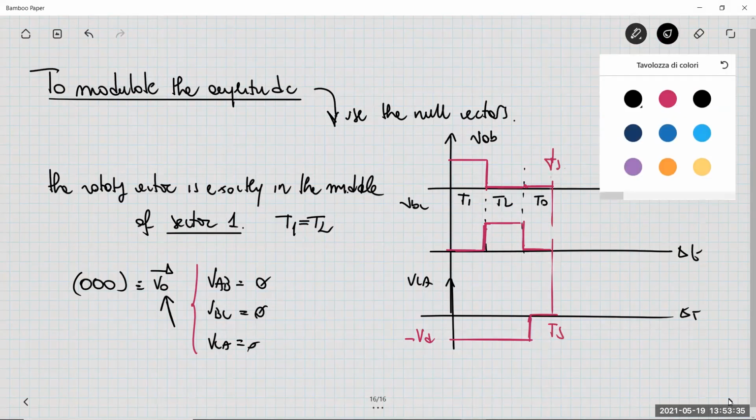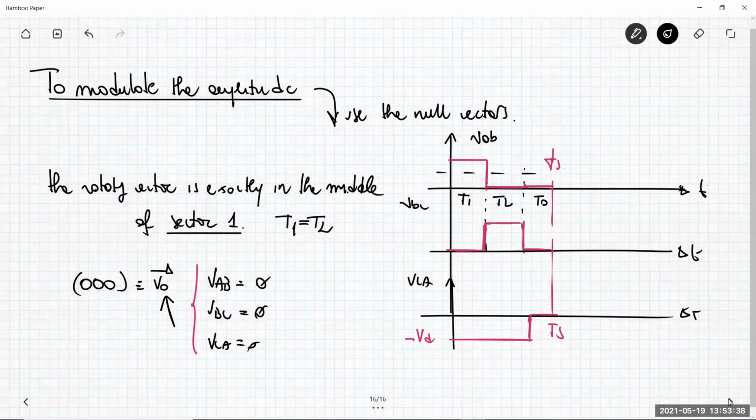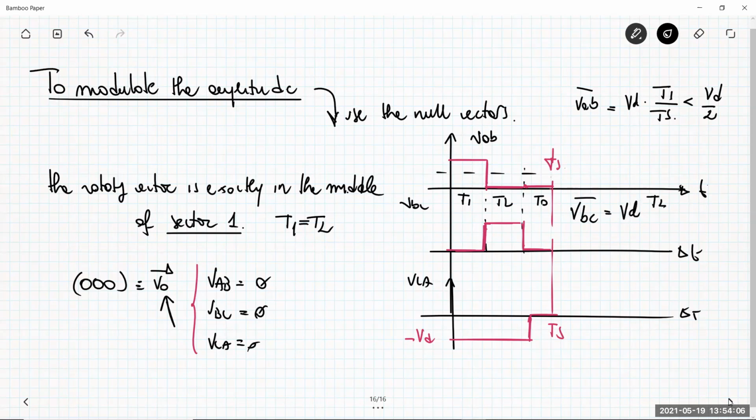What about the average value? The average value now for VAB is VD multiplied by T1 over TS, of course. But now T1 is not TS divided by 2. So this is less than VD over 2. And VBC is VD T2 over TS.